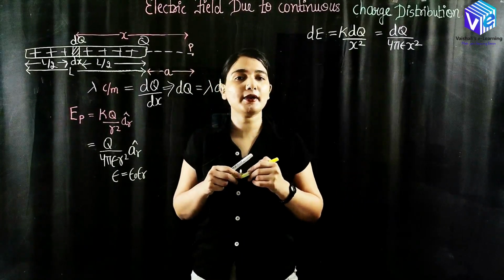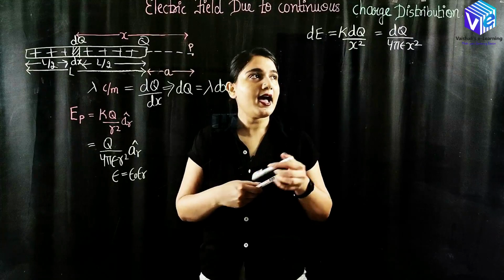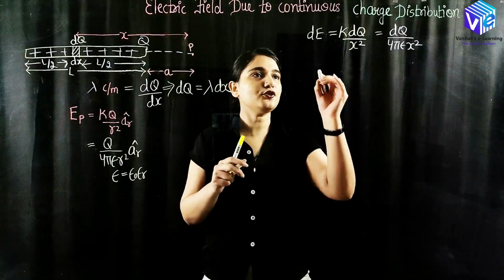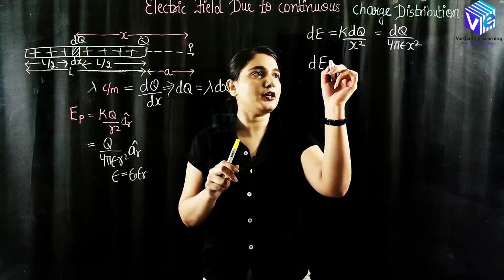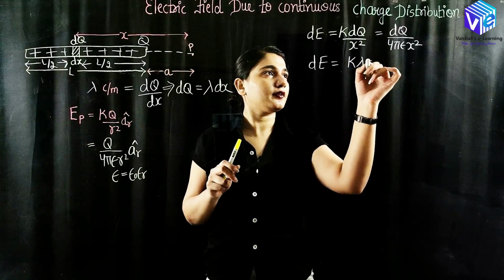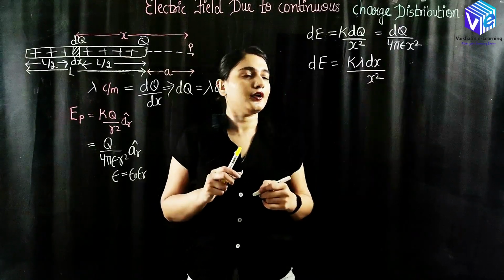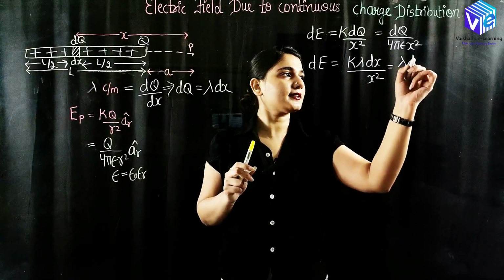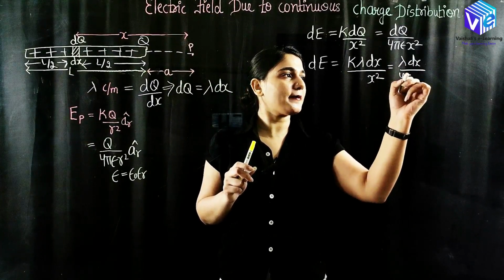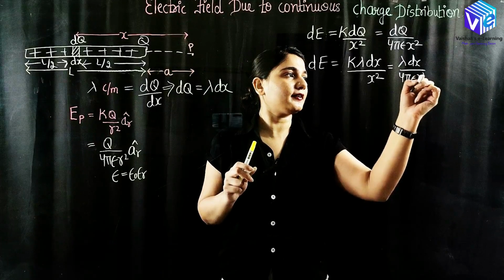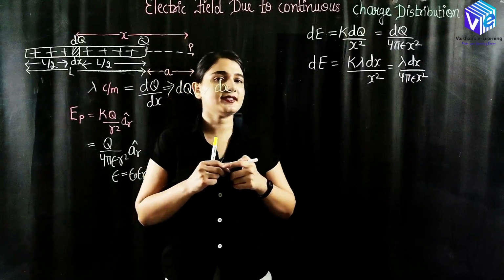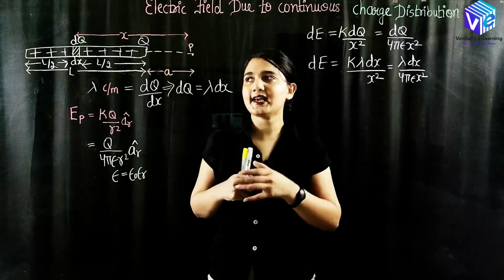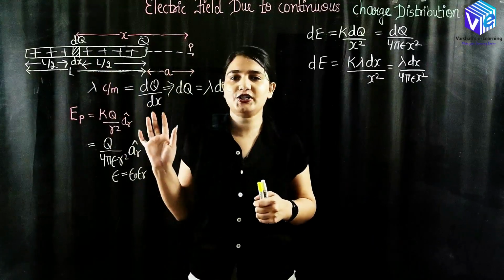I will use this formula and replace dq. So dE will be equal to lambda dx upon 4 pi epsilon x square. From here you can see I have found the small electric field due to this point charge.